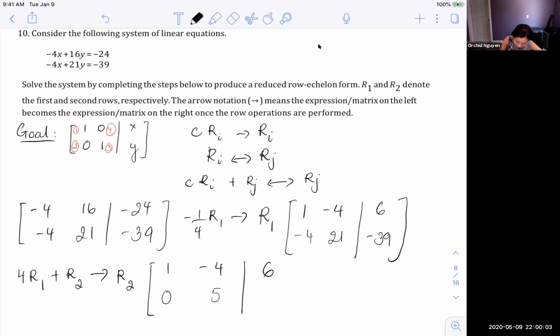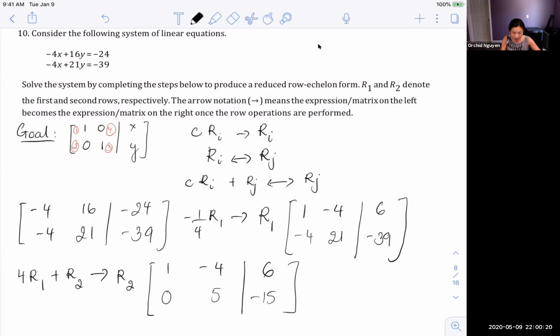Okay. And then 4 times 6 is 24. 24 plus -39 is -15.